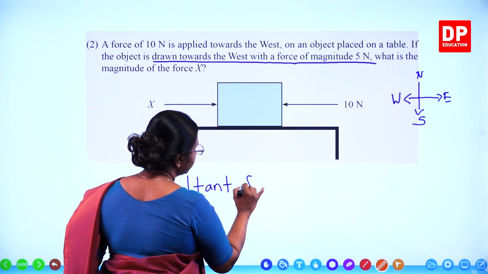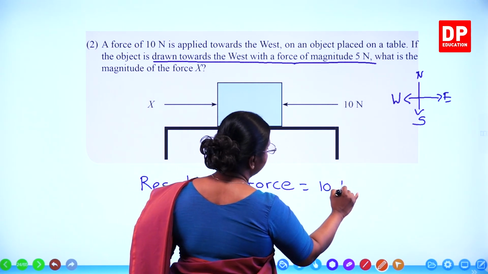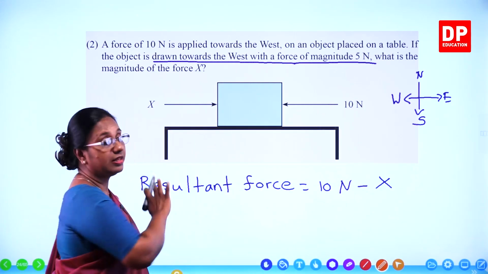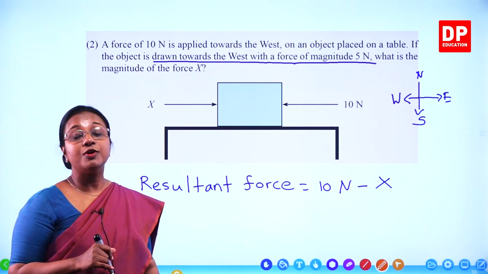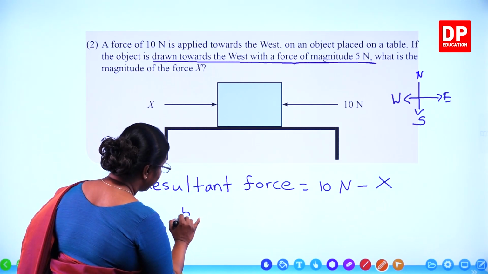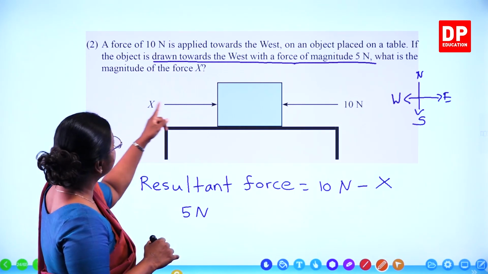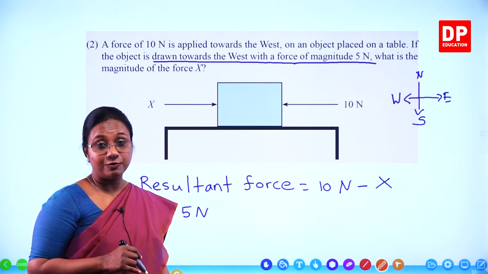Resultant force has to be 10 Newton minus x, the difference between the two forces. And here they have given the value for the resultant, 5 Newton force. So the resultant is already given to you, 5 Newton, and they have said it is towards the west, so towards the direction of the 10 Newton force.